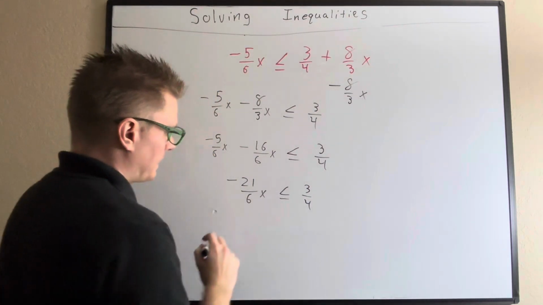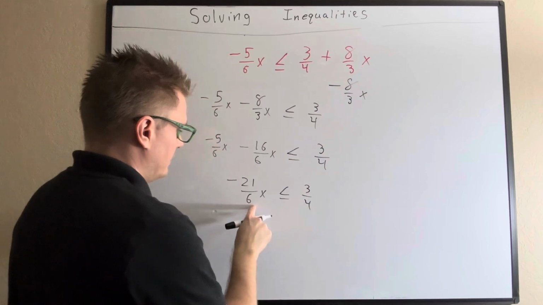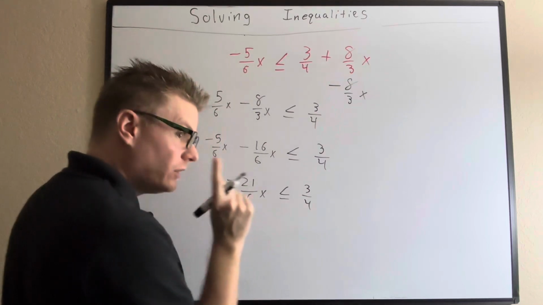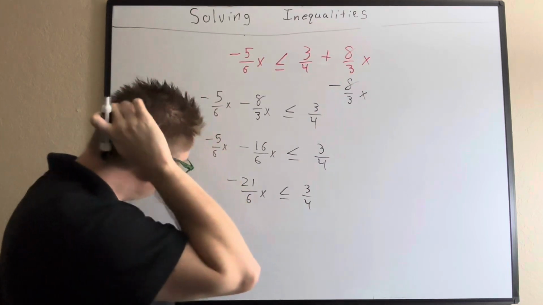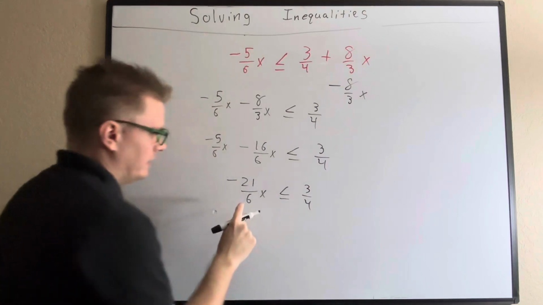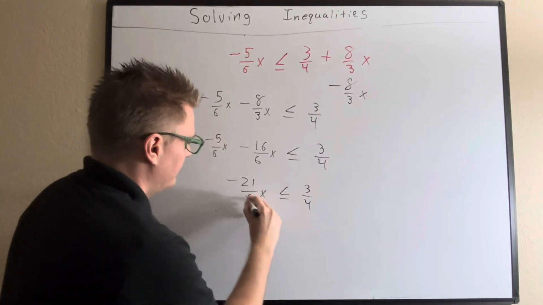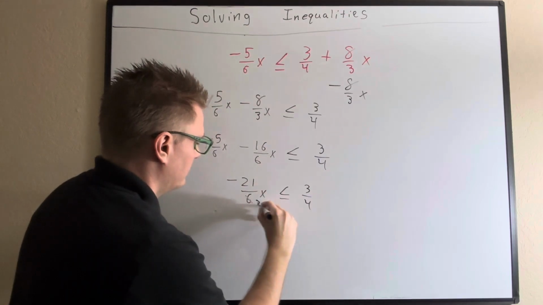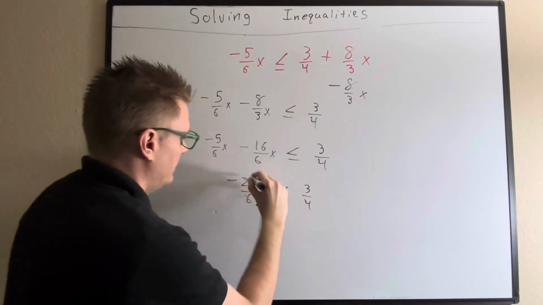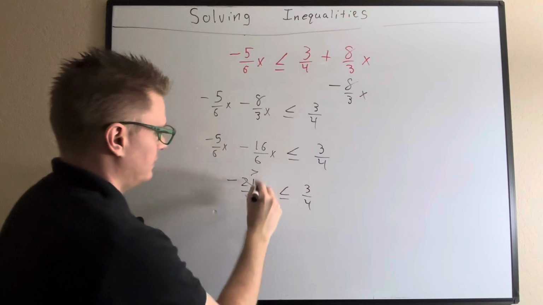Okay. This reduces, doesn't it? Always think about reducing fractions if you can. It just makes things easier. 6 divided by 3 gives you 2, and 21 divided by 3 gives you 7. So negative 7/2 x.